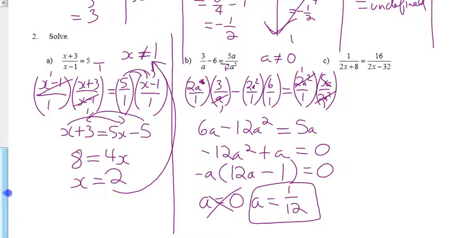At the step where it says 6a minus 12a squared equals 5a, I understand how you got rid of the 6 by subtracting the 5, but what about the 12? Does that just stay the same? Okay, so the a squared term, there's no other a squareds in here. So the negative 12a squared, there's nothing we can do to it. The 5a we subtract, so 6a minus 5a, as Thomas pointed out, is positive 1a.